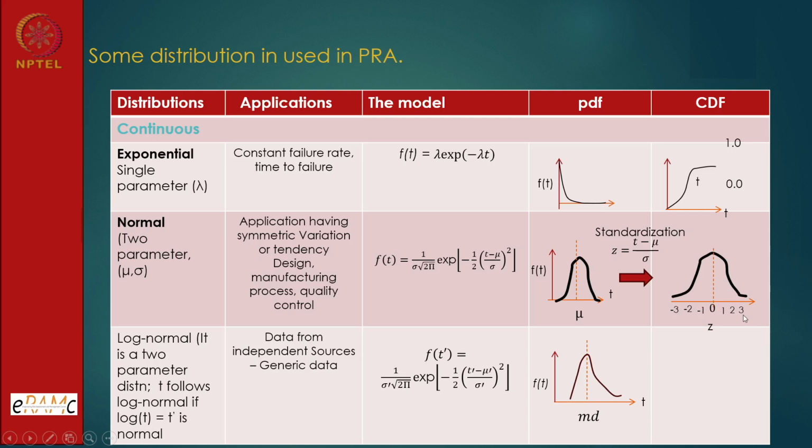So this is what the log normal distribution is. The log normal distribution is when a parameter's logarithm is taken, and the logarithm gives you the normal distribution.